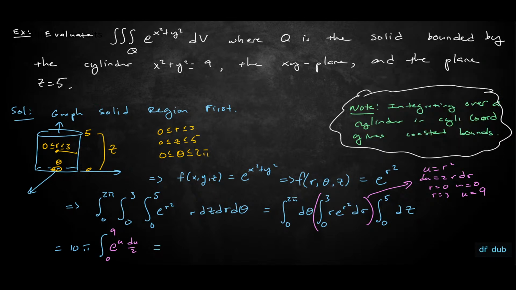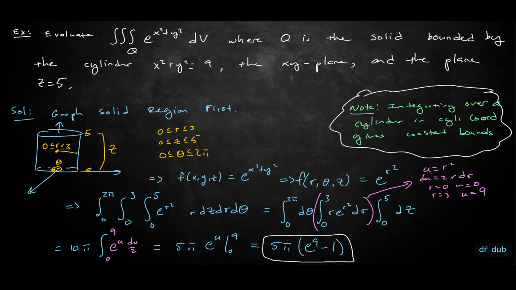So that's going to be 5 pi e to the u from 0 to 9, which is 5 pi times e to the 9 minus 1. Any questions?